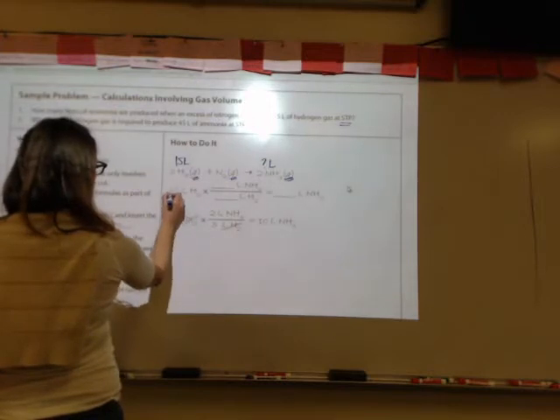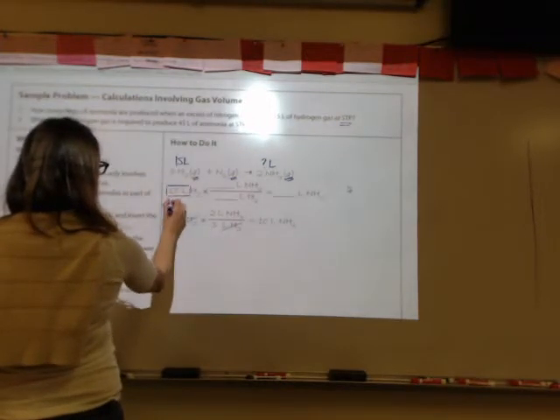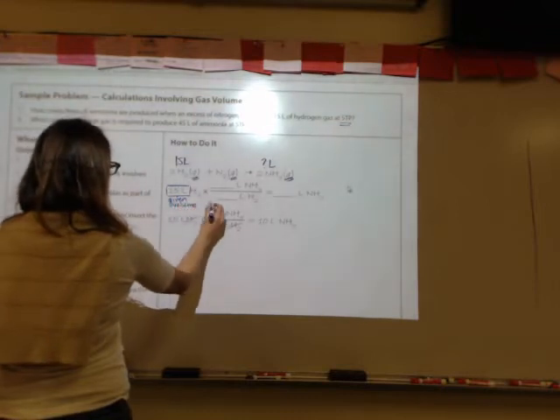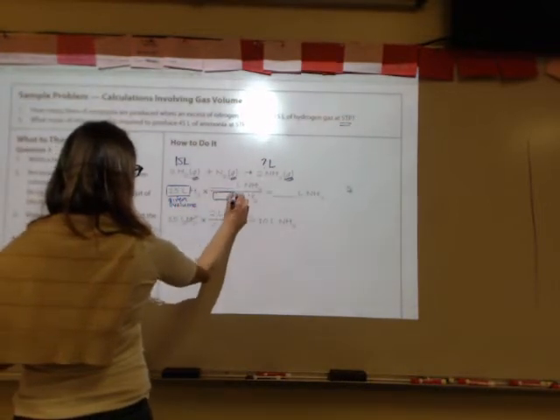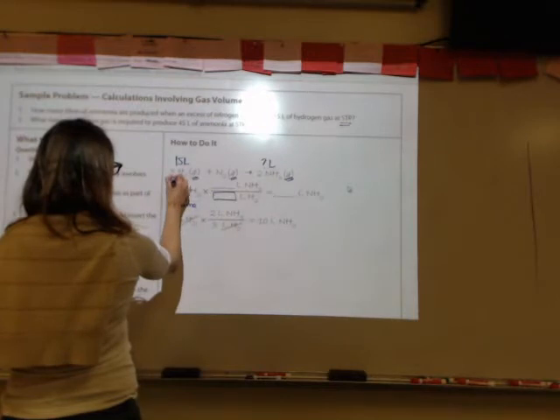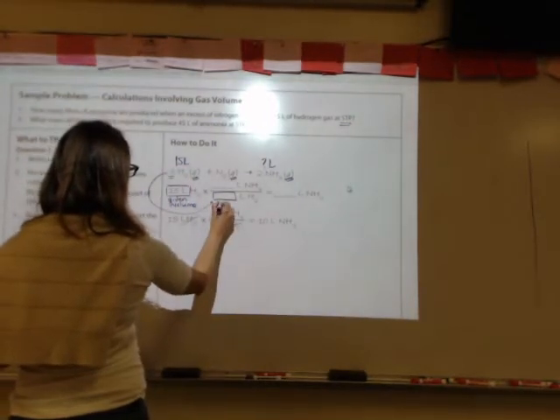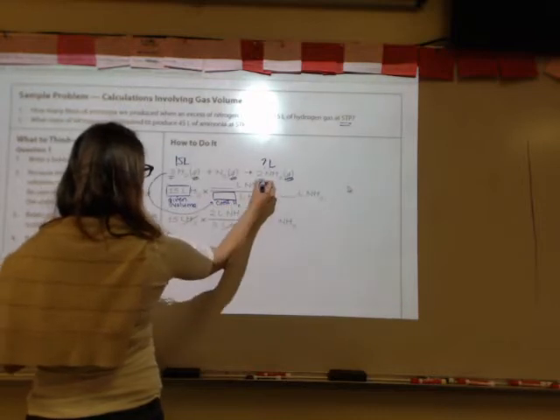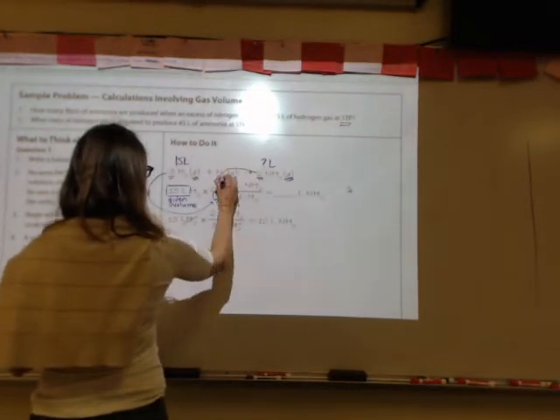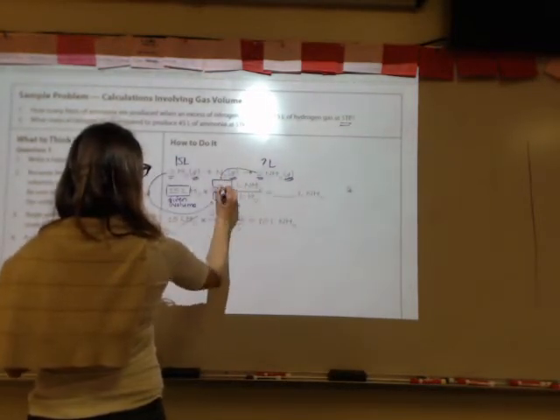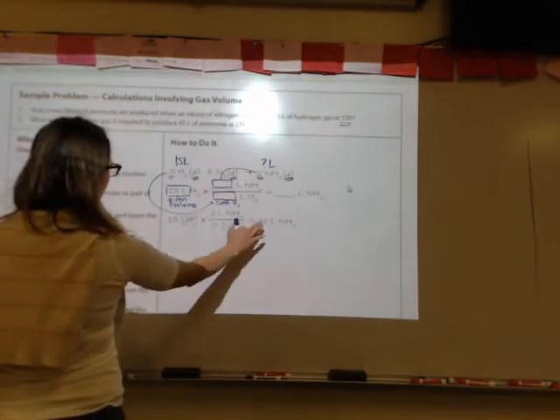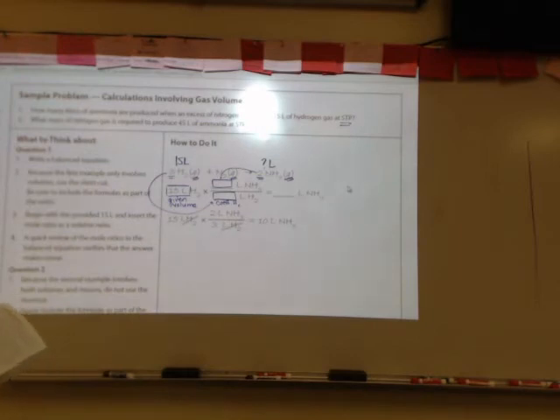This 15 liters of H2, this is the given volume. The number that goes here on the diagonal is the coefficient for H2 in liters, and then the coefficient on NH3 will go here on top in liters. So you have your 2 over 3, which would give you 10 liters of NH3.